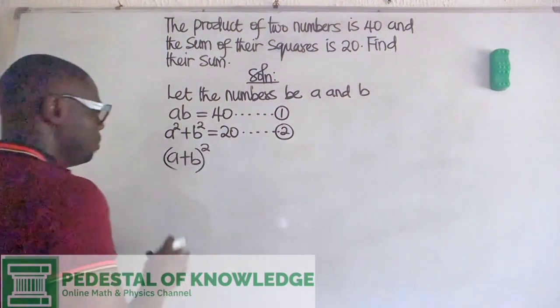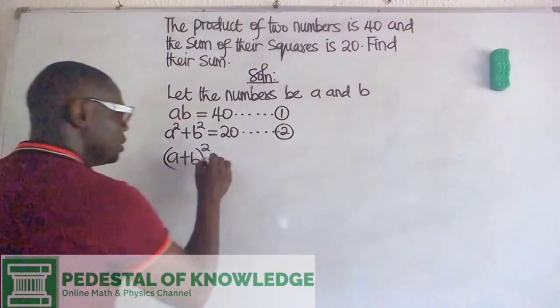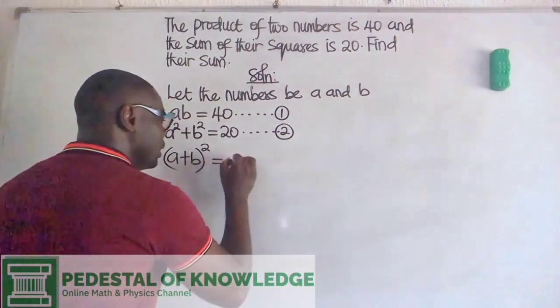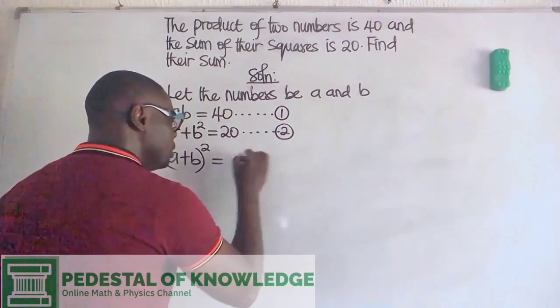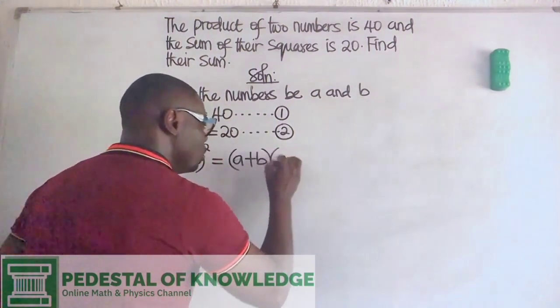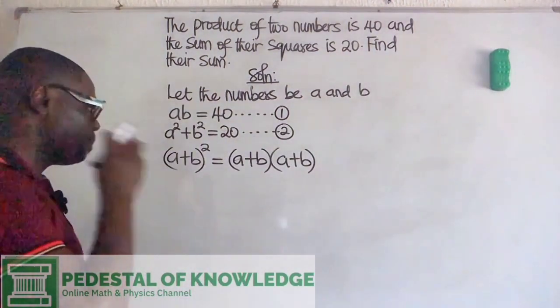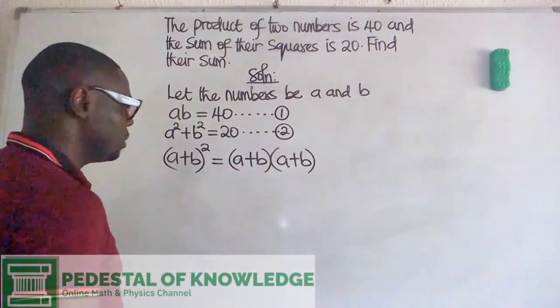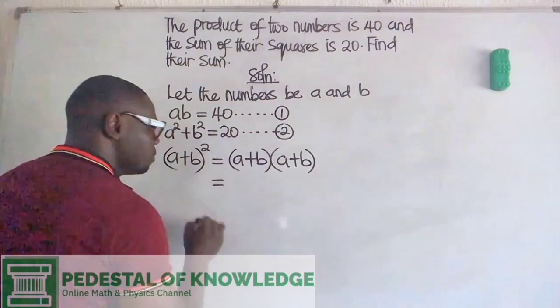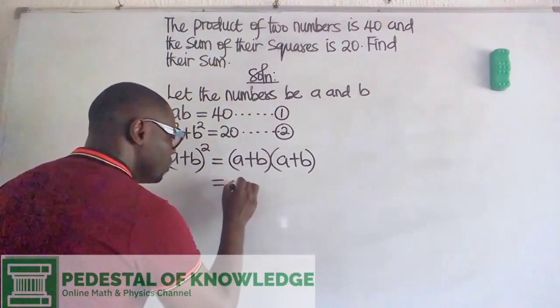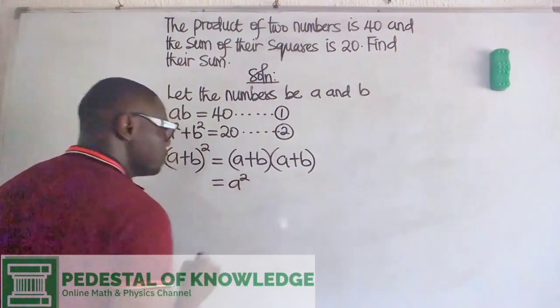Now we know by simple algebraic expansion that this is the same thing as A plus B into A plus B. Now, when we expand this algebraic expression, A times A will give us A squared.